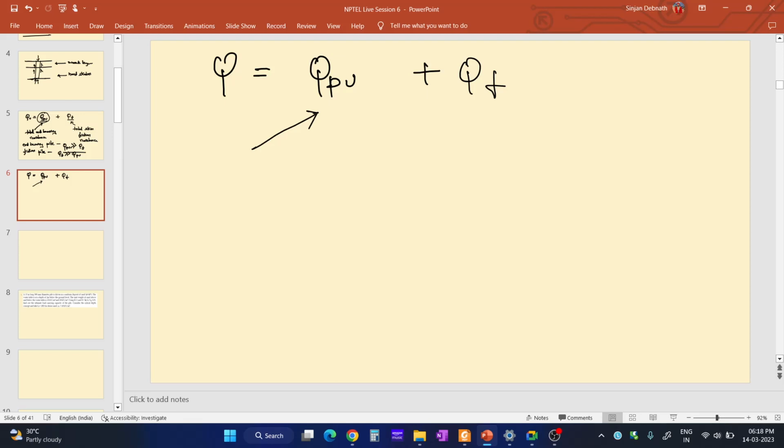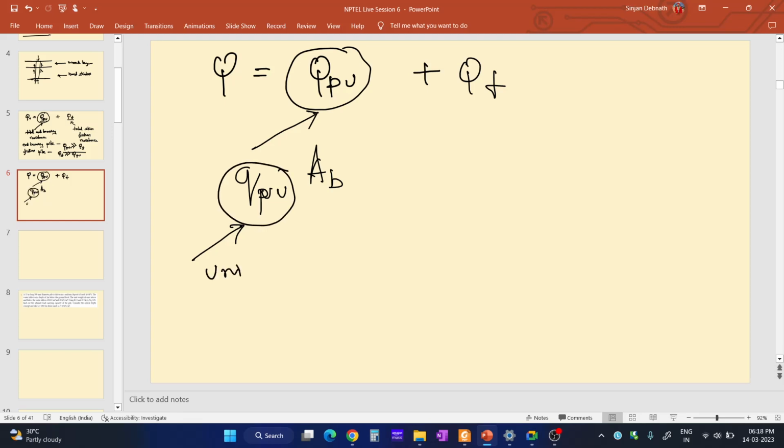So we can write this QPU as small qpu into AB. This one is the total end bearing resistance, and this one is the unit end bearing resistance. Okay, this is capital QPU, and this one is small qpu.